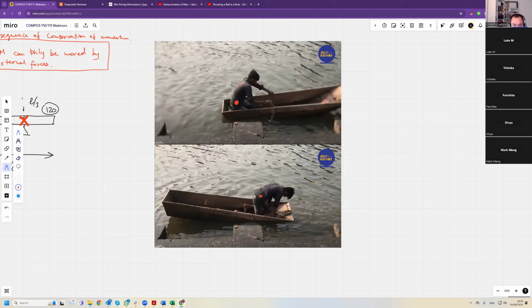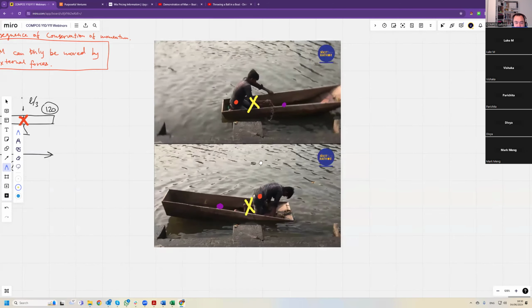The center of mass of the man is here. Center of mass of the boat is somewhere here. The center of mass of the boat is, well, somewhere here. And if you take the center of mass of person plus boat, well, assuming the person is heavier than the boat, somewhere here and somewhere here.